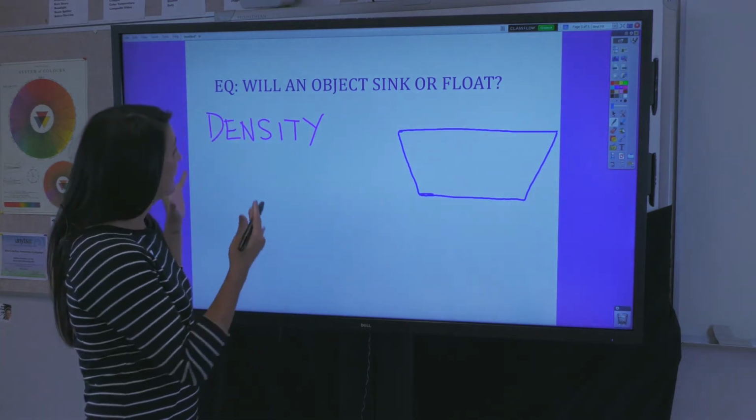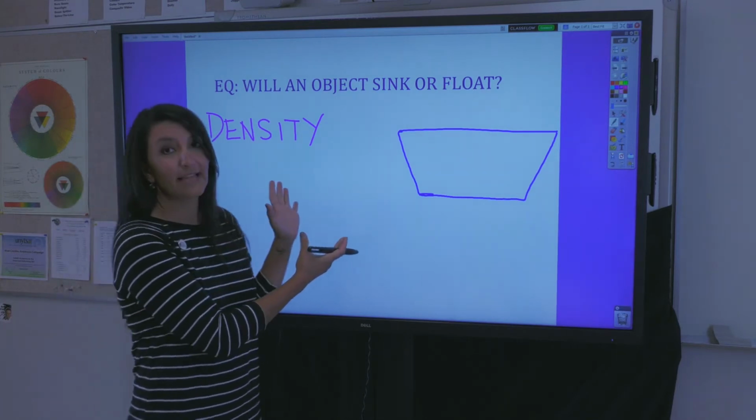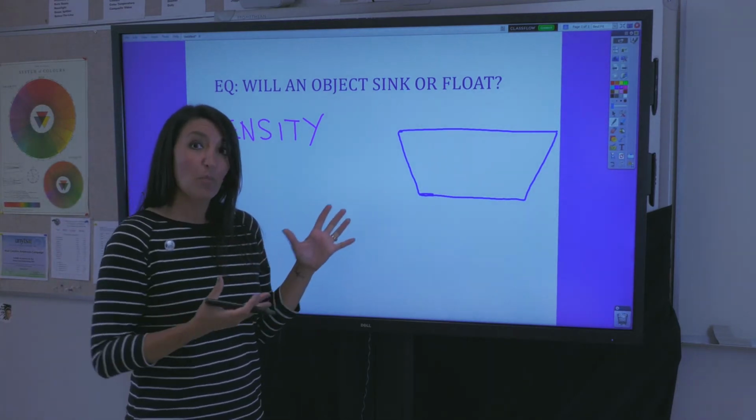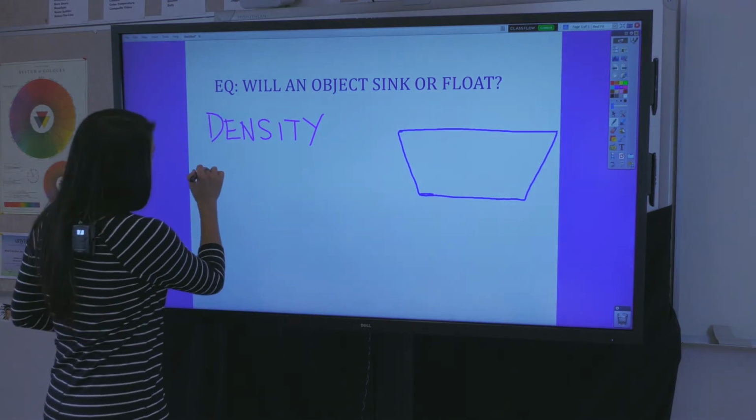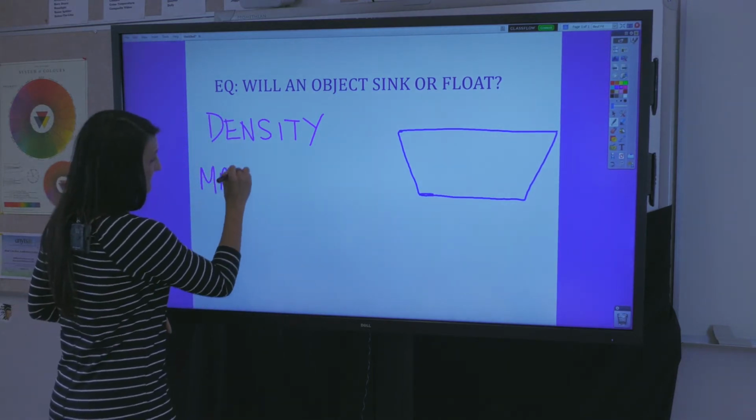So the overall science property we're going to talk about today is density, but in order to figure that out, we have to break it down. And the first thing we're going to focus on is mass.